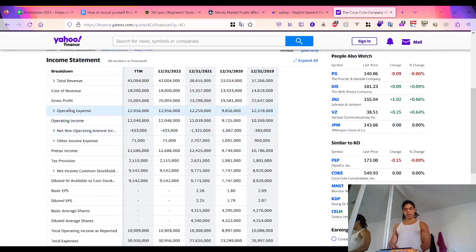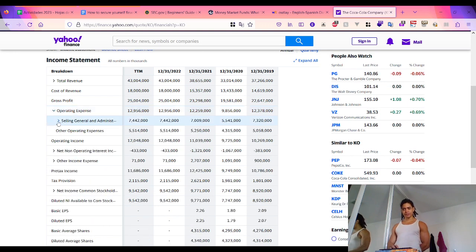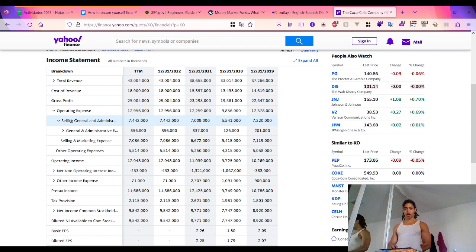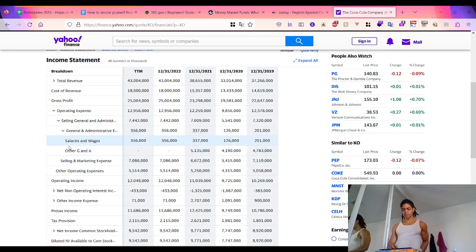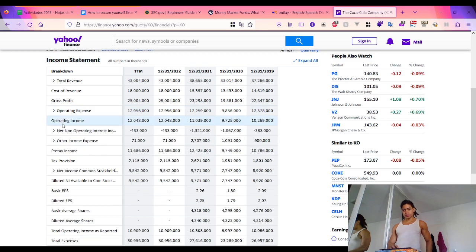gross profit. There is a section here that is the operating expense, which is all the expense related to the company's operations that allows your business to run, such as administrative salaries, research, the cost of researching new products and services, marketing, and then you reach the operating income here.